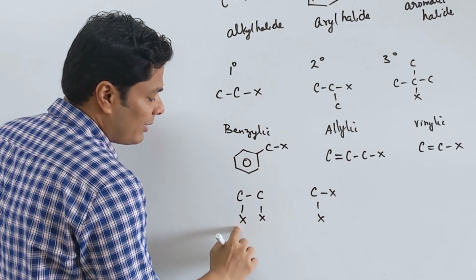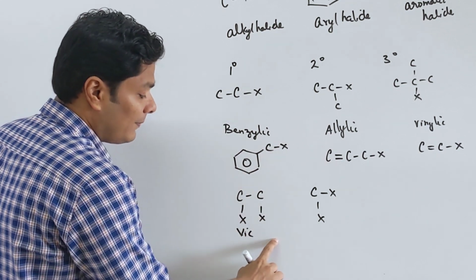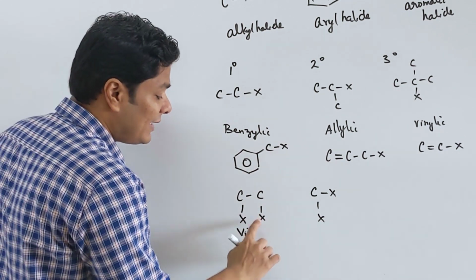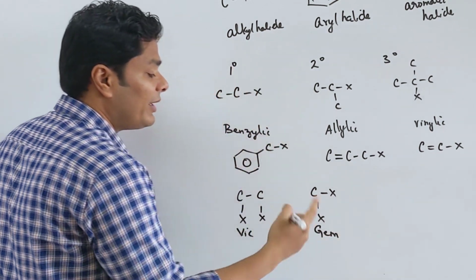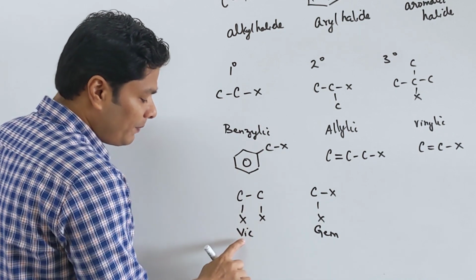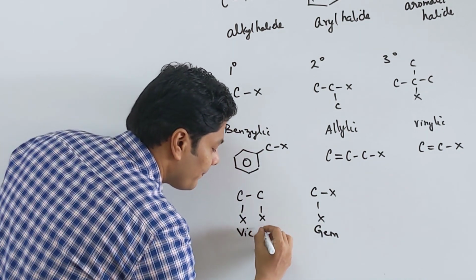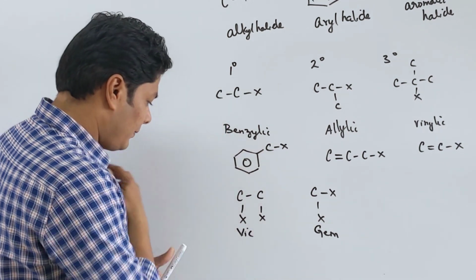If it's attached to neighboring carbons, this is called vicinal, in the vicinity. So this is vicinal dihalide, this is geminal dihalide. Okay, vicinal and geminal. Now vicinal is also called... maybe I'll write it in a different color.